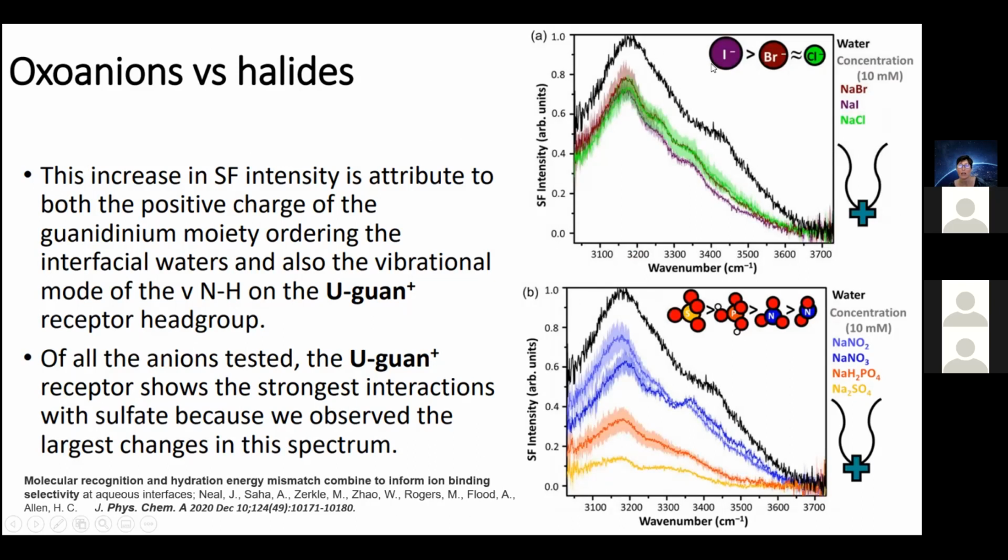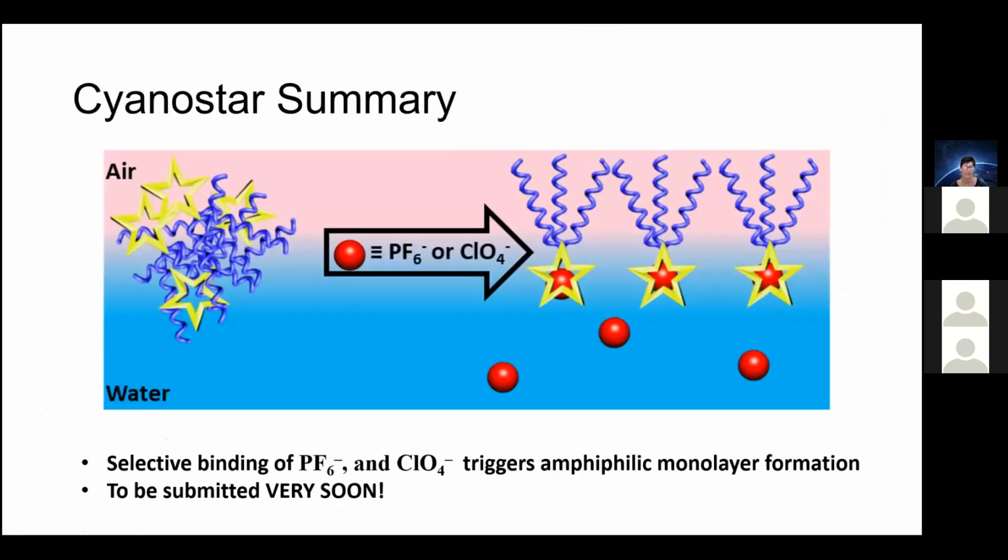As you add binders, the better the binder, the bigger the decrease in the water region, because again, you're quenching that charge. You're making something go from charged to uncharged, whereas with the cyanostar, we're doing the opposite. So the water region is the telltale sign of charge at the surface, caused by either binding or not.